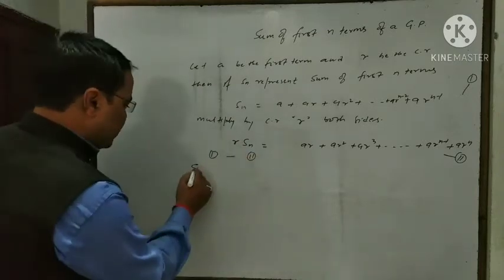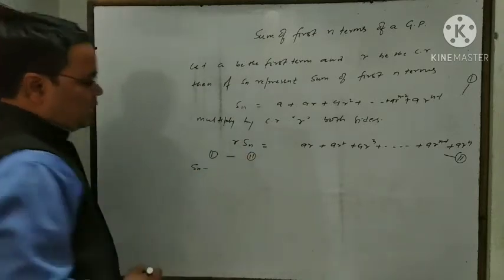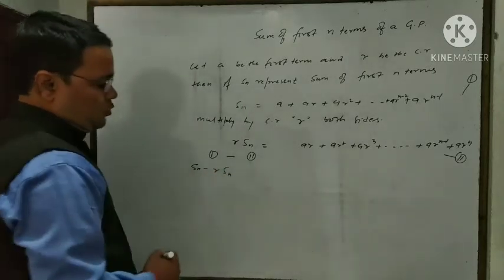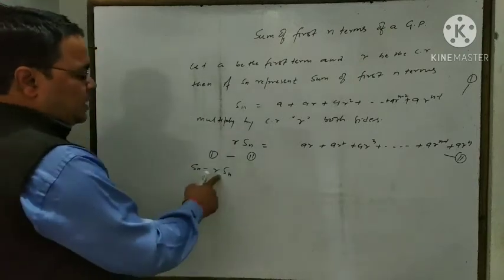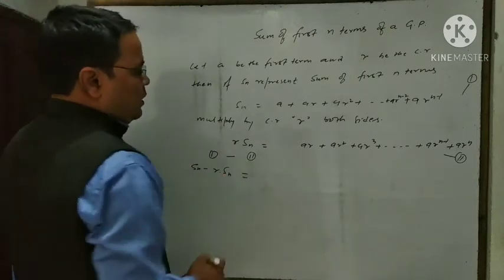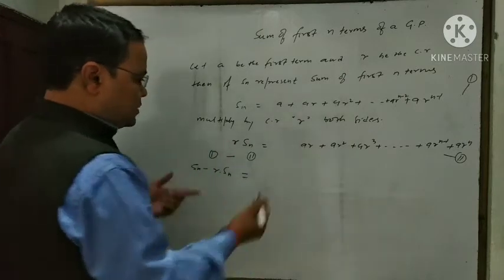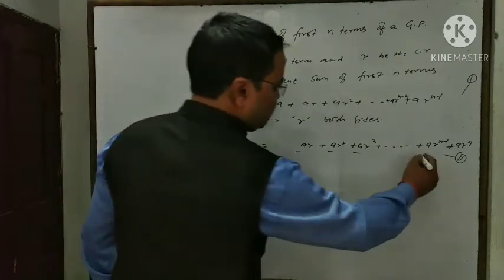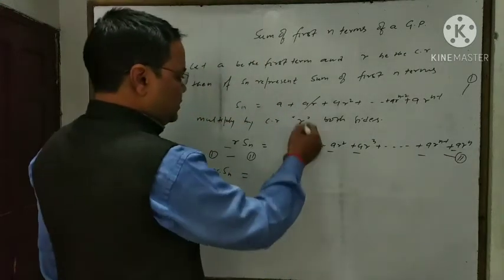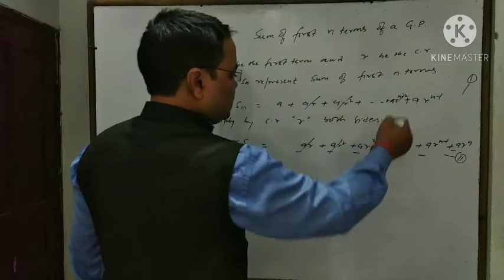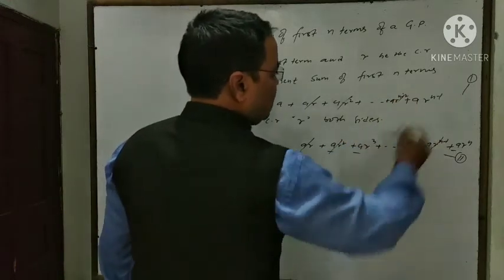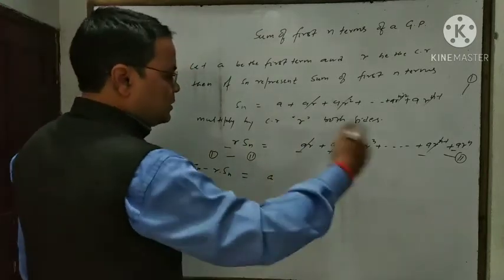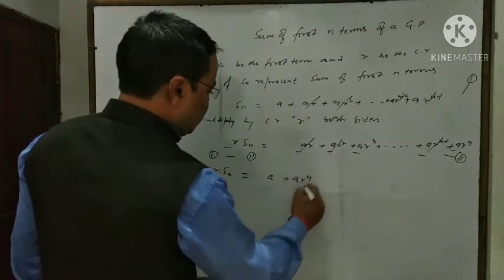It will be Sn minus r Sn. Now this ar and ar, if we subtract, will have a minus sign, and here also minus. Then these terms will be cancelled. Only the first term a and the last term ar to the power n remain.